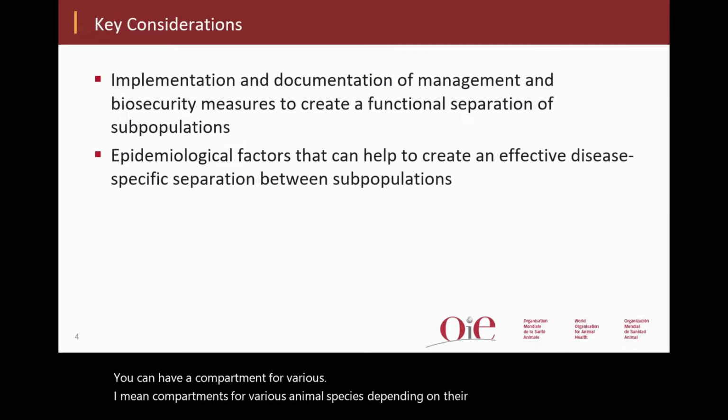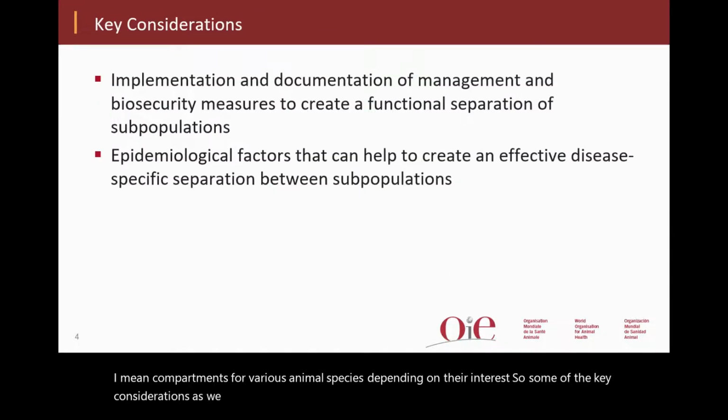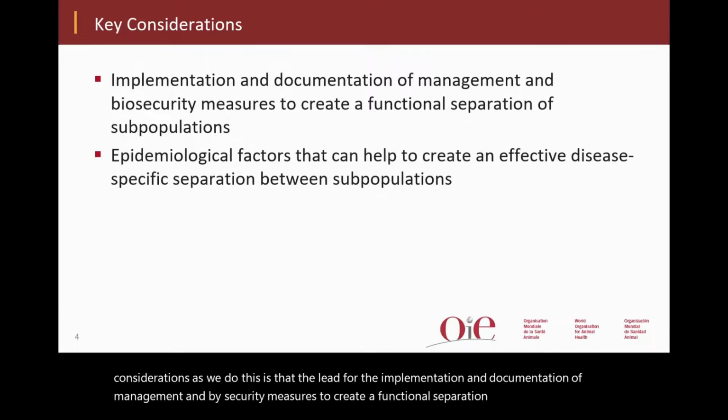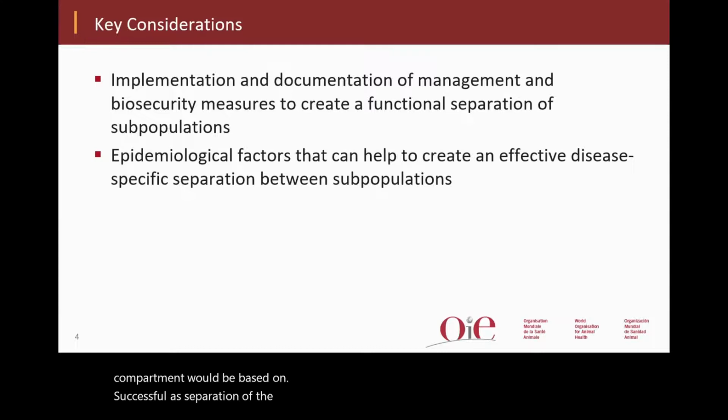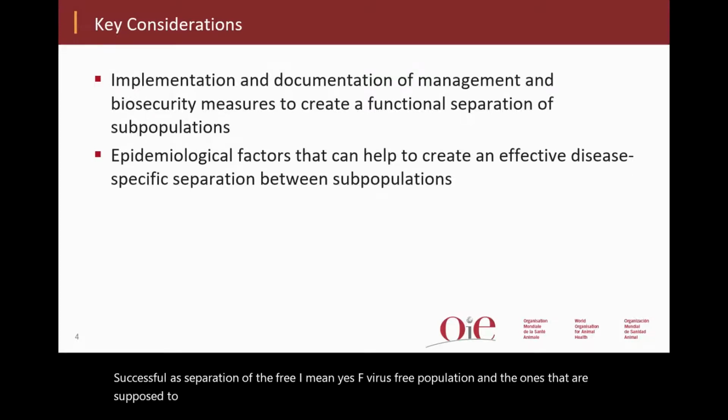Some of the key considerations as we do this are the need for implementation and documentation of management and biosecurity measures to create a functional separation of the subpopulations. As we said, the main strength and success of these compartments will be based on a successful separation of the ASF virus-free population from the ones that are supposed to be infected.